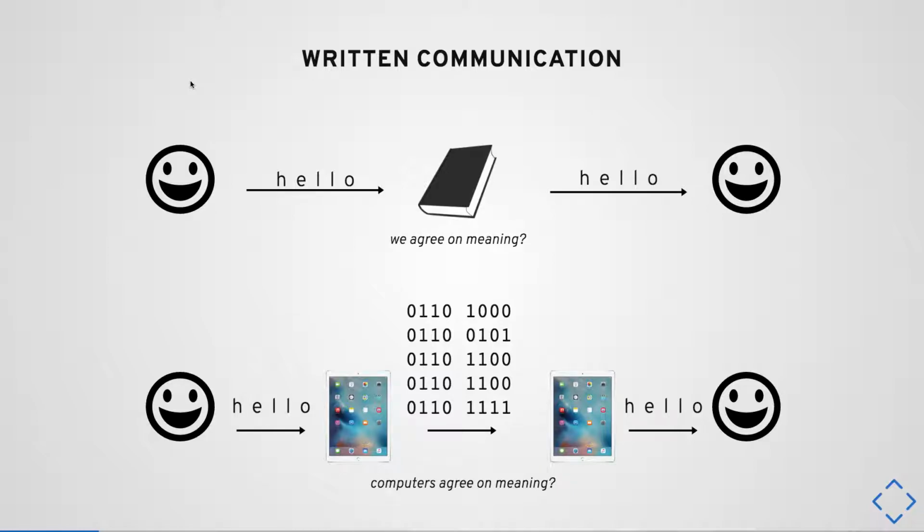So kind of at a higher level, let's talk about written communication, right? When we write something in English into some sort of writing format like a book, there's already agreed upon meaning on characters. When you combine them, we put them in there. That agreed upon meaning allows us later to extract that back out from the book and understand what's going on, right? So in computer systems, it's kind of similar. This is maybe a simplification.